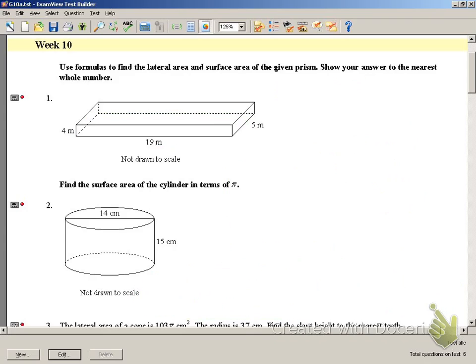Number two says find the surface area of the cylinder in terms of pi. In order to find the surface area, we have to know the radius. If the diameter is 14, then the radius would equal 7. Surface area, well, we're doing surface area. We didn't have to know that because surface area is 2 pi r h plus 2 pi r squared.